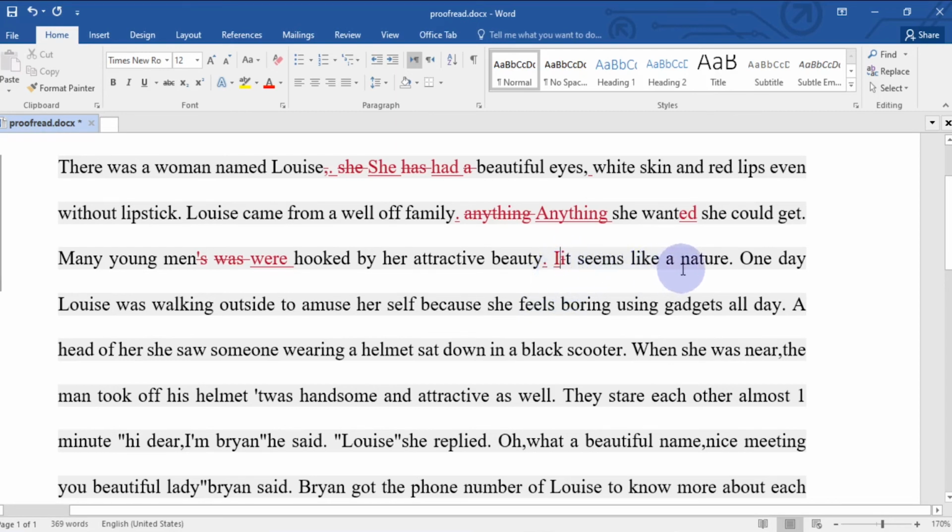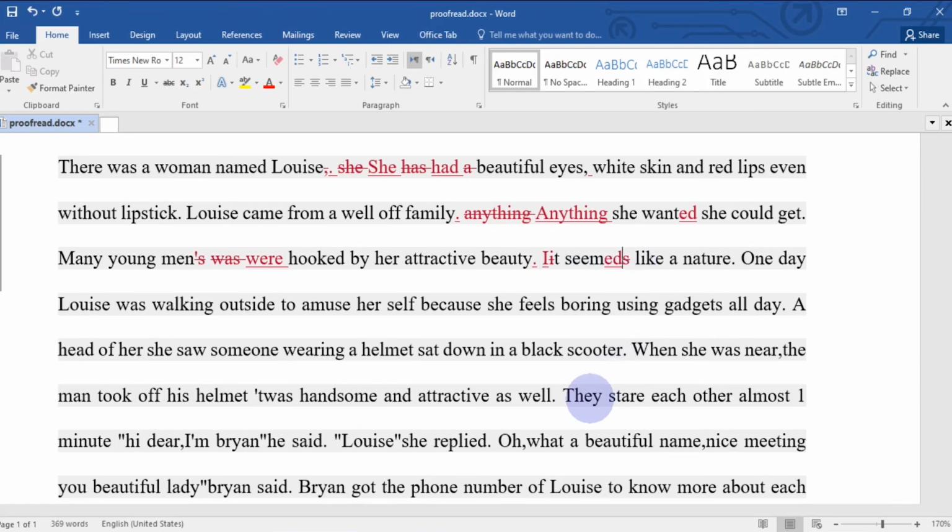It seems like in nature, then after it, the verb should be in the past simple in order to follow the past sequence of events. So seems should be changed to seemed. It seemed like nature, like a nature.